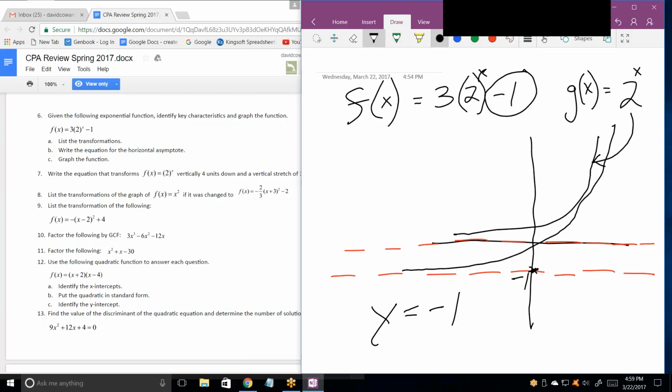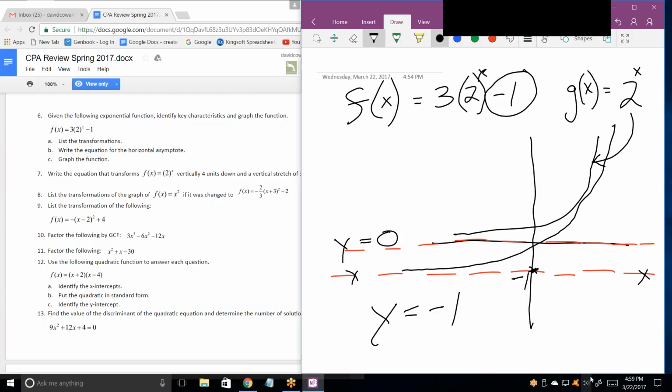And no matter where you're at on the red line, even if I'm over here, it's still y equals -1. If I'm over here, it's still y equals -1. So the equation of a horizontal line is y equals some number. The original horizontal asymptote was y equals 0.